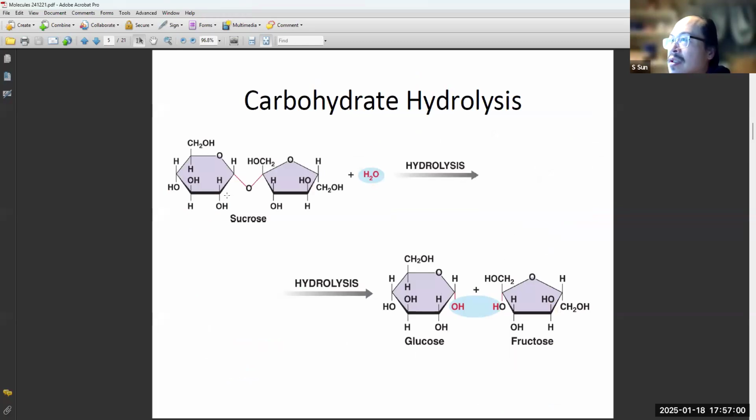Two glucose form sucrose. Break it apart, hydrolysis forms glucose and fructose. So glucose and fructose form sucrose. Yeah, so that's dehydration synthesis. The opposite direction is hydrolysis.